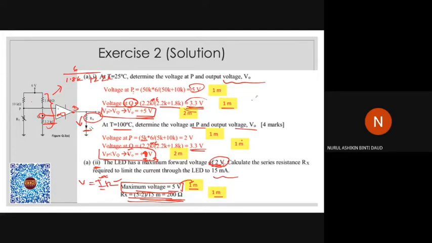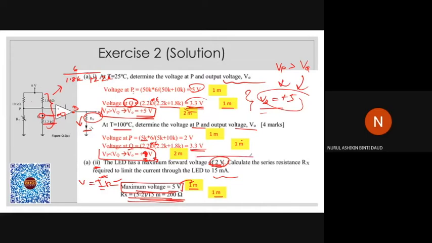If you straight away write that the output voltage is positive 5, the examiner will ask, why did you know that the output voltage is positive 5? So you need to clarify this. You state that VP is bigger than VQ, so that's why the output voltage is positive 5.